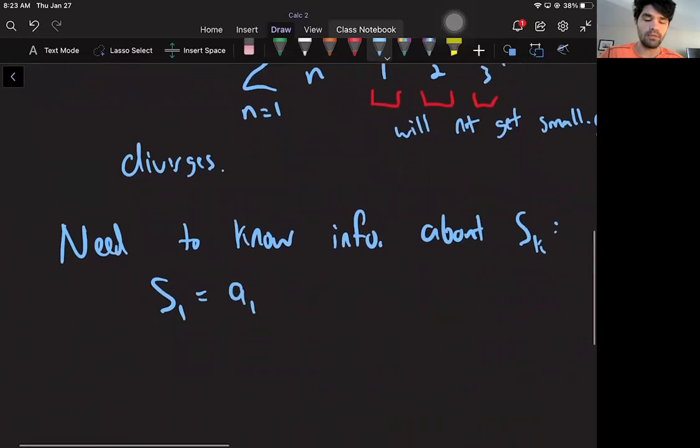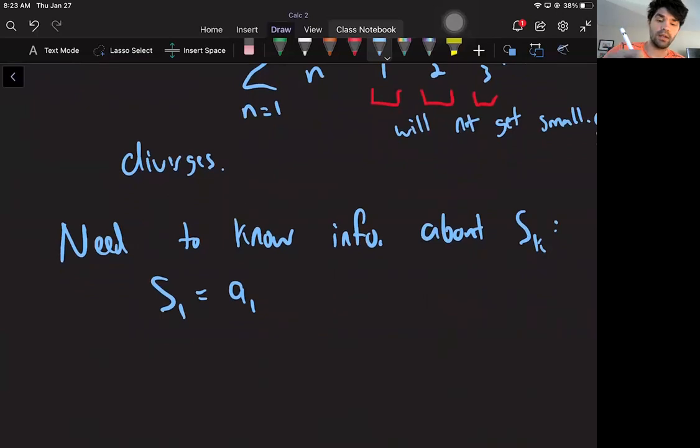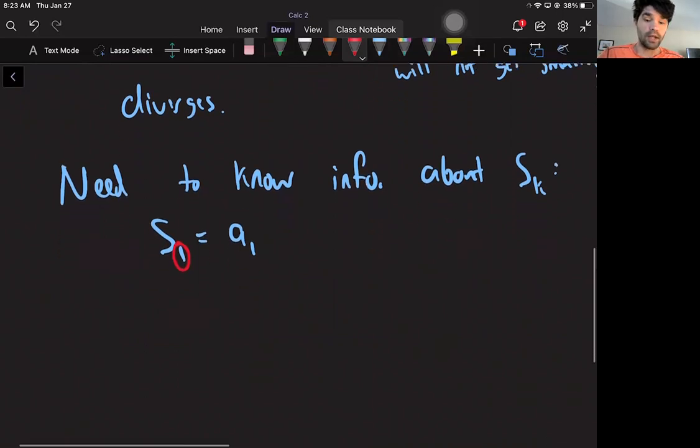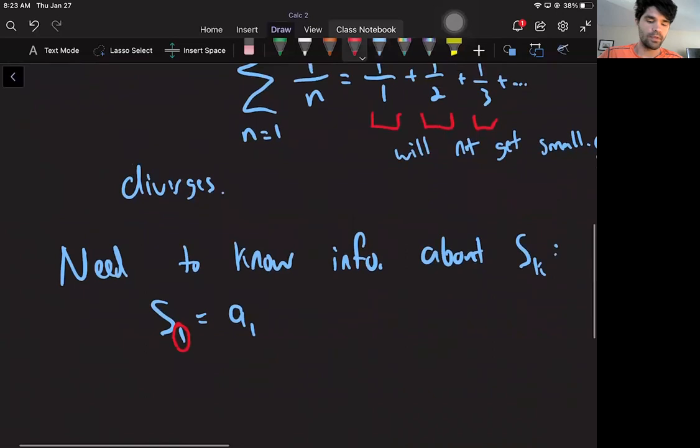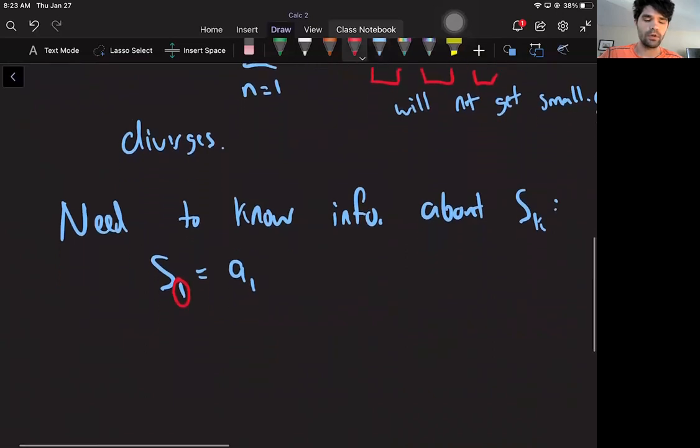So I think in the last video I misspoke and I said you add up this many terms, but it actually means you go up to A subscript whatever term. So you go up to A1. So in that case, this is just 1 over 1, which is 1.